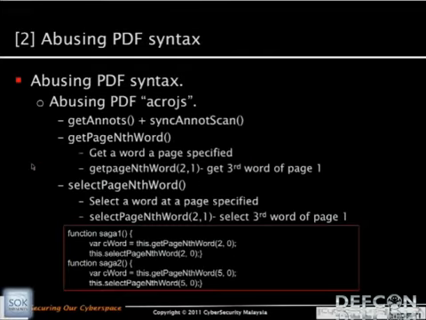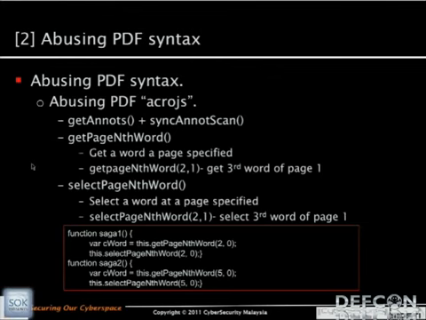Okay. Then another thing about abusing the PDF syntax is related to Acrobat. There are a couple of JavaScript functions specifically designed for the PDF engine, especially Adobe's, like get annotate, sing annotate scan, get page number, and get a word.